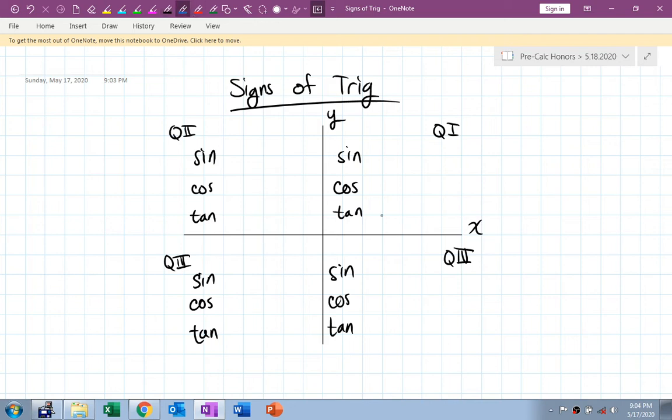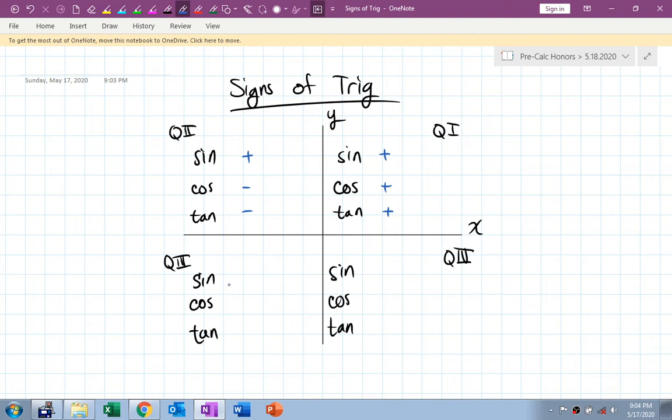Okay, so in the first quadrant, all of them are positive. In the second quadrant, sine's positive, but cosine and tangent are negative, right? And if you think about why, well, remember, cosine and tangent both had x values in them, and we're in the negative part of the x coordinate.